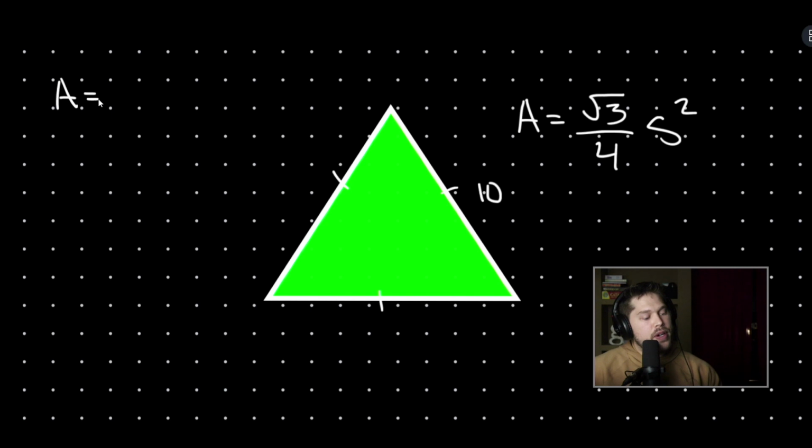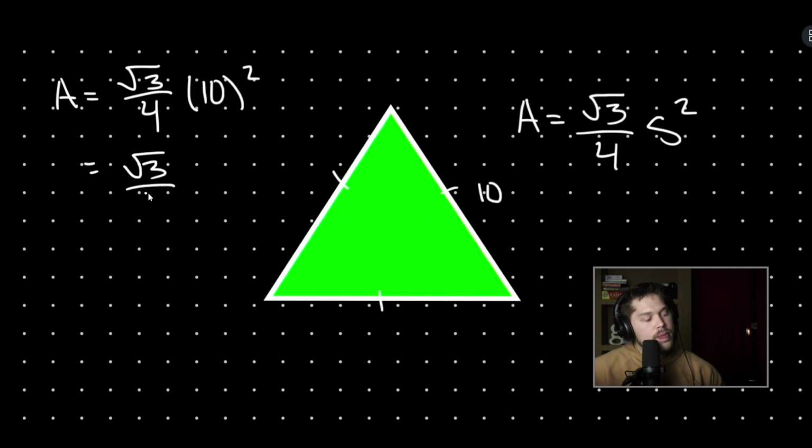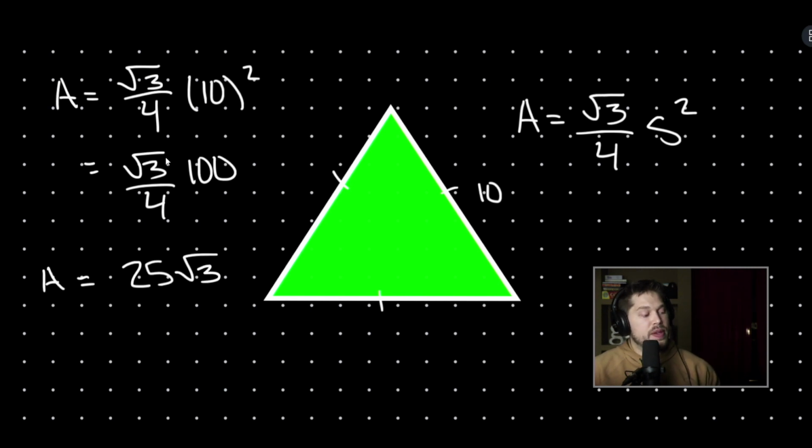Well, we can simply plug in 10 for our side length and have that our area equals root 3 over 4 times 10 squared. Whenever we simplify, we have root 3 over 4 times 100. 100 over 4 simplifies to give us 25 times the square root of 3 for our area. So here's how you can use this formula to calculate the area of an equilateral triangle.